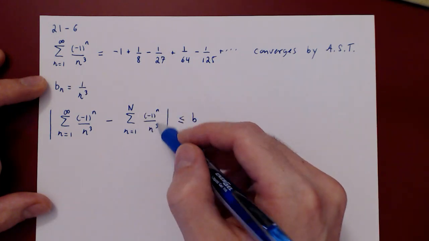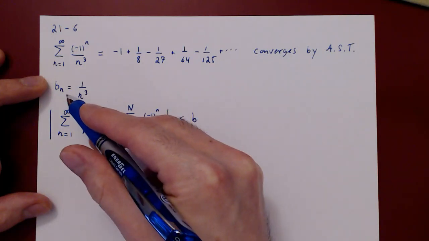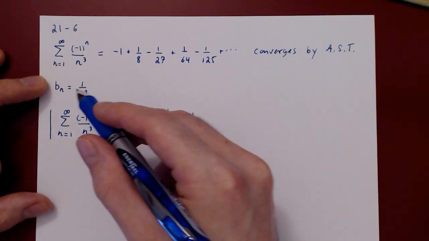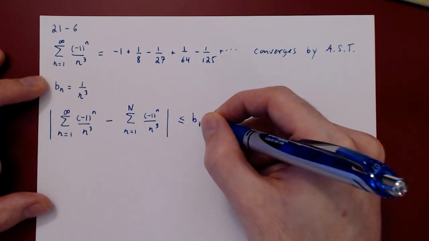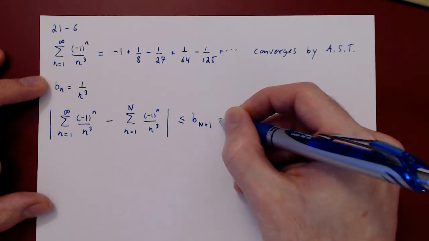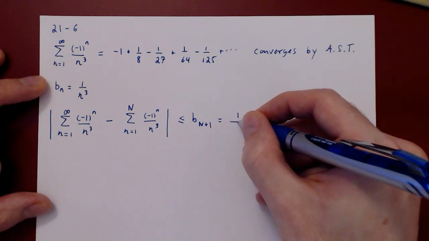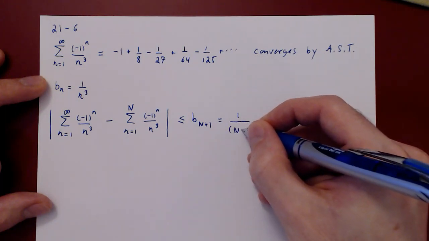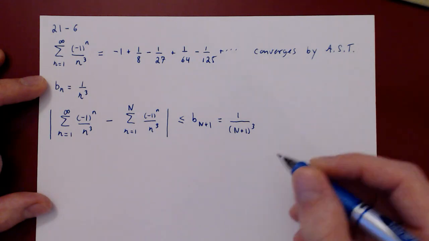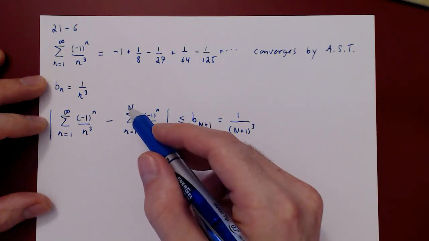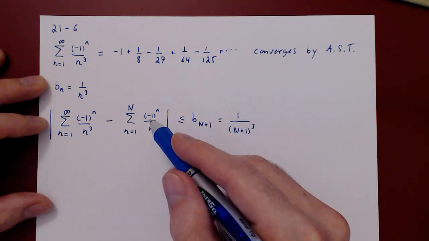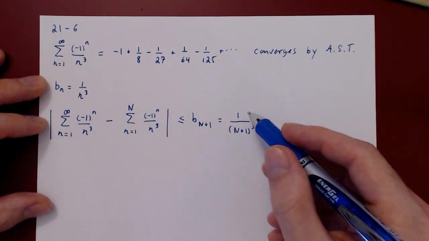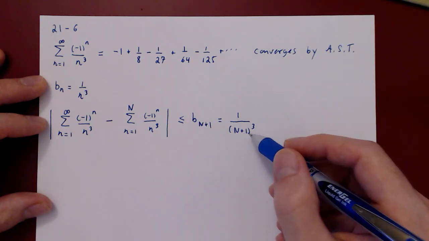In absolute value, this is Bn, so the first omitted term in absolute value will be Bn plus 1. In our case, this is 1 over uppercase n plus 1 cubed. So if we sum up to the uppercase nth term, the error of the approximation is at most 1 over uppercase n plus 1 cubed.